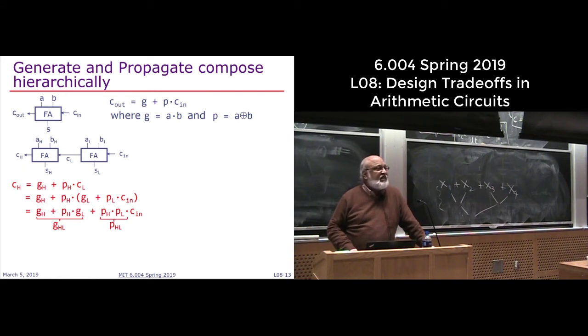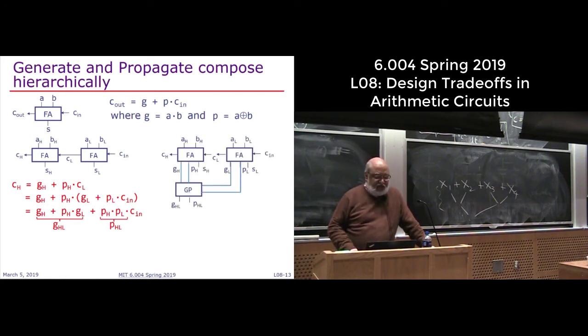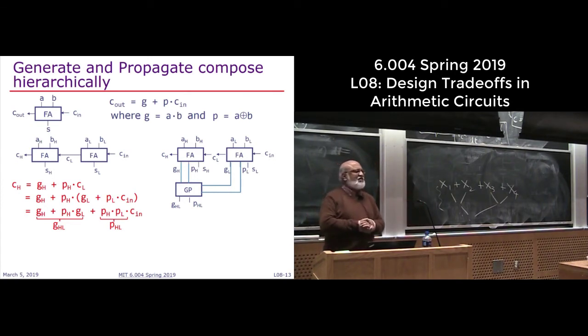And if you look at it like this, now I can draw it differently. Let's not worry about C in for a second. You have these full adders, and I'm just calling them full adders, but really you can see that given A and B, I can compute the propagate and generate bits for them. So that's what I did.